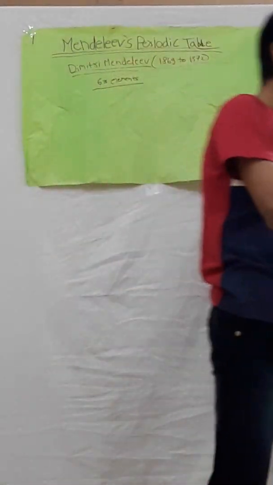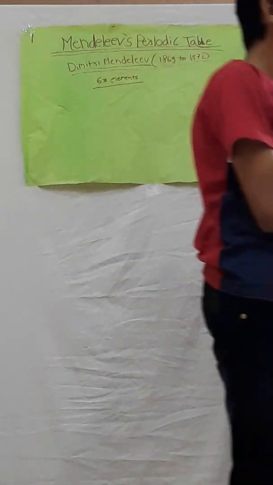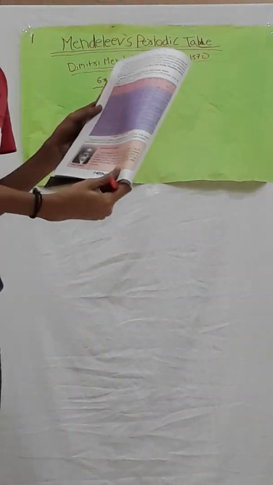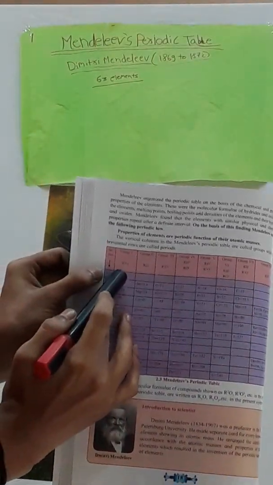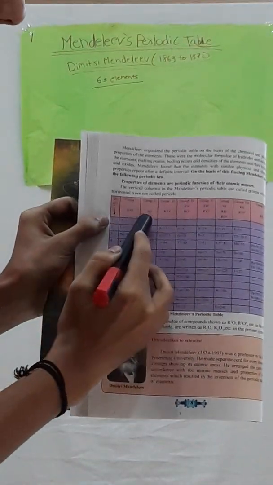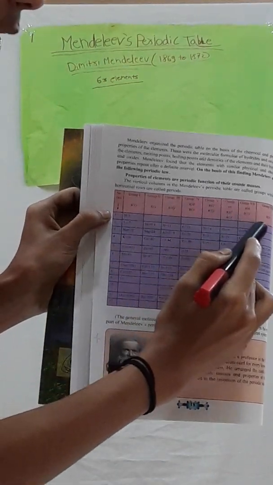Now I will show you. Now you will see it clearly. Here is hydrogen. After hydrogen, there are blank boxes.